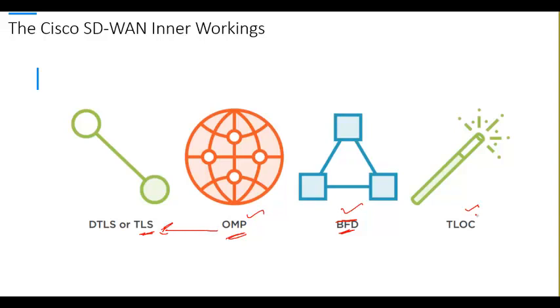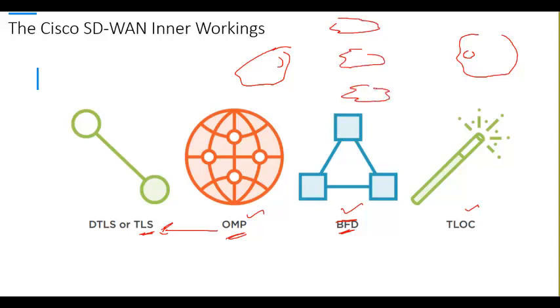Please understand, this is the key of SD-WAN. We got a WAN edge device, WAN edge here, WAN edge here, and you got multiple connections, transports. Now this is physical actually. This is physical connections. Pen is a little weird today. I'll call transport 1, transport 2, transport 3. You got 3 different transports.